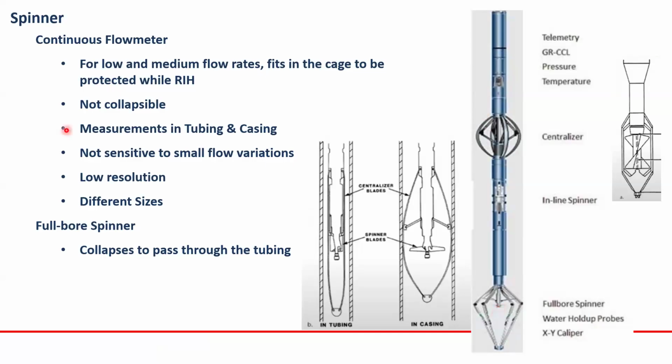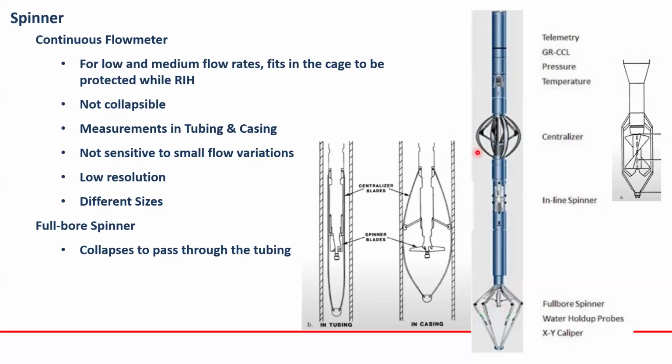The continuous one is for low and medium flow rate, and it fits in the gauge to be protected while running in hole. While running in hole, this spinner is moving, because it's the same as having a tiny fan: if you move it in the air, it will rotate exactly the same.